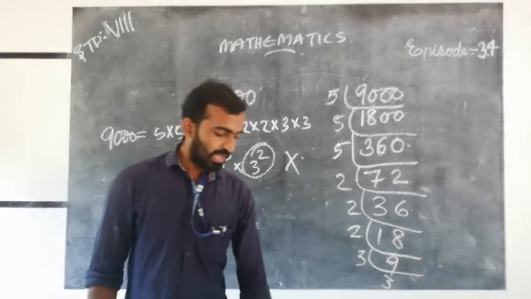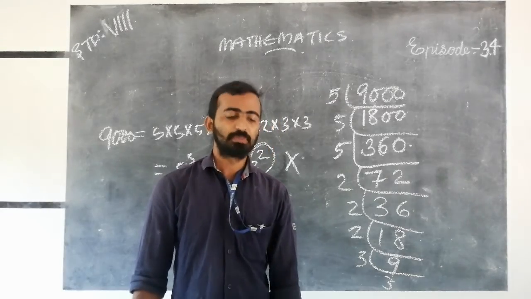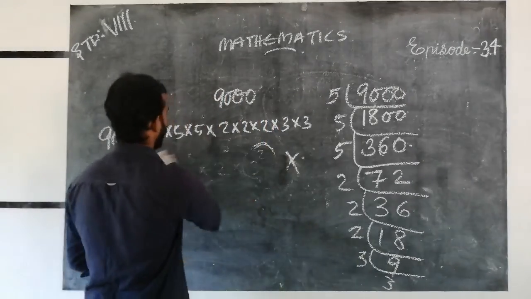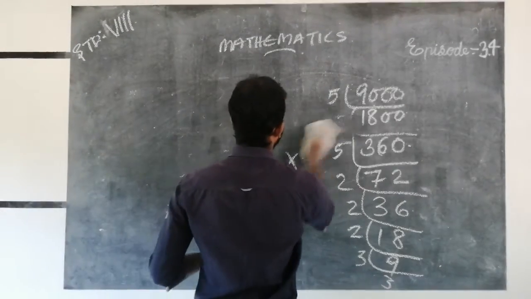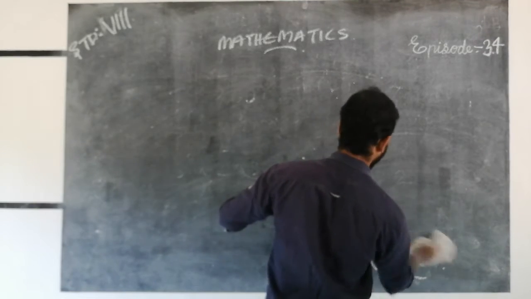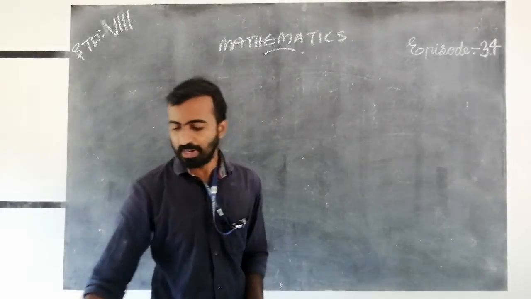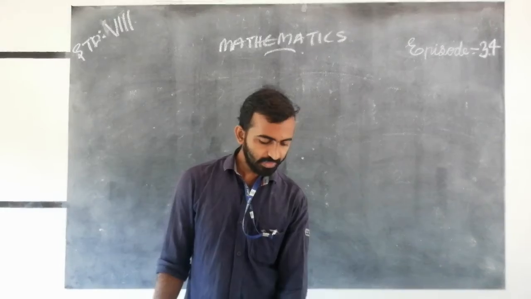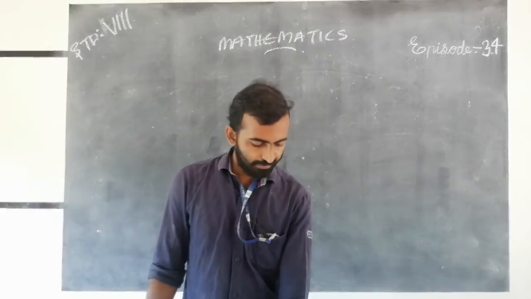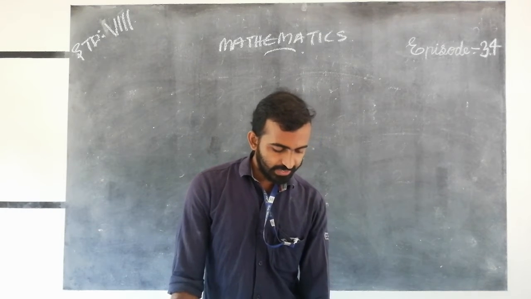And next one is we are discussing the smallest multiple that is a perfect cube. For example, Raju made a cuboid of plastic.